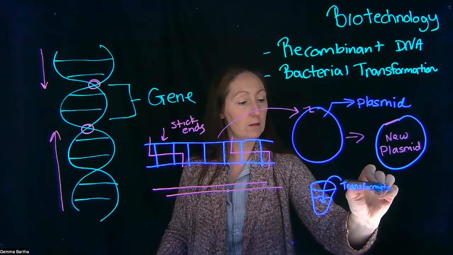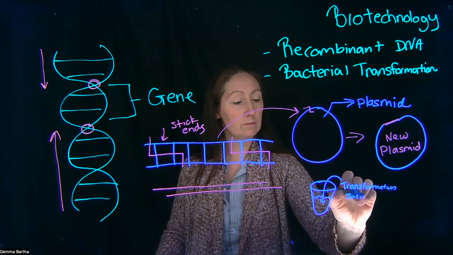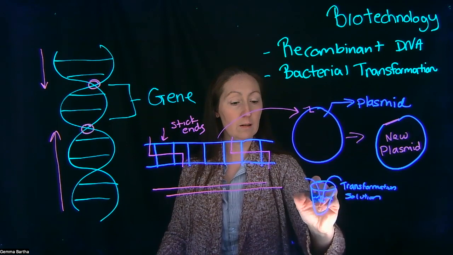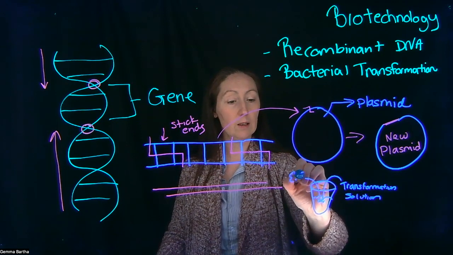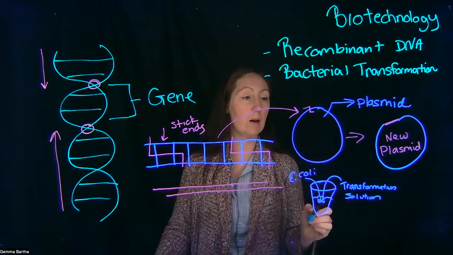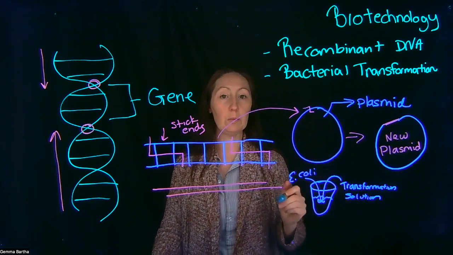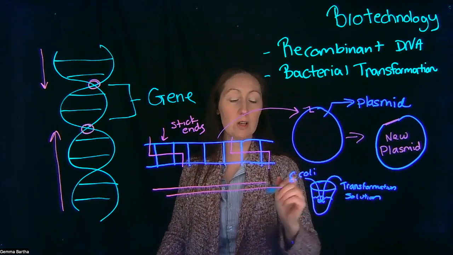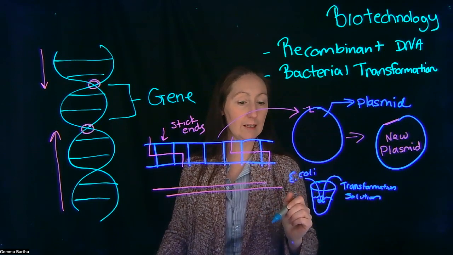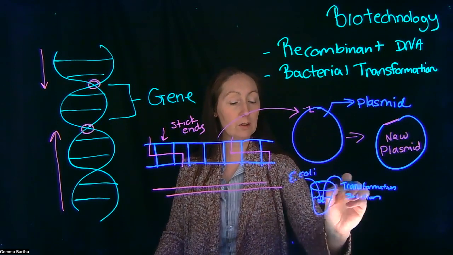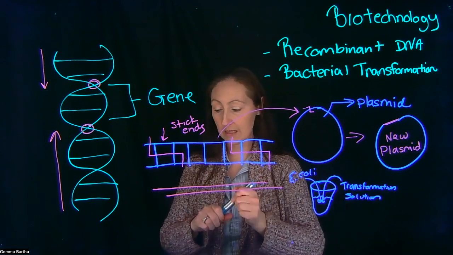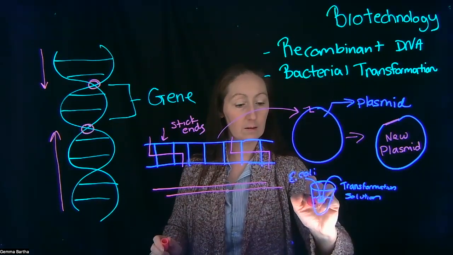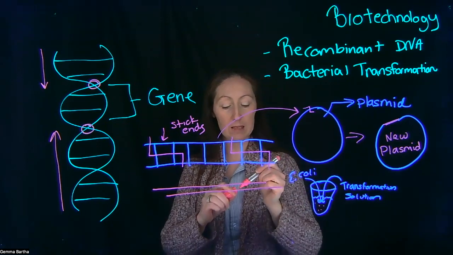We're also going to add our E. coli. Now, E. coli is going to be our organism that our new plasmid is going to be put into. All right, so we have transformation solution, we have E. coli. Okay, so this is just calcium chloride. And then we need the plasmid, right? So let's just kind of add the plasmid in there. Okay, so we have our plasmid.